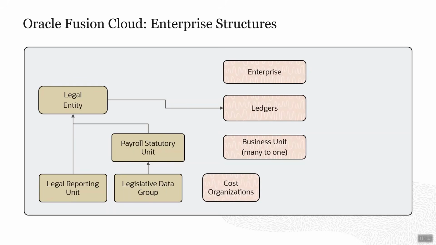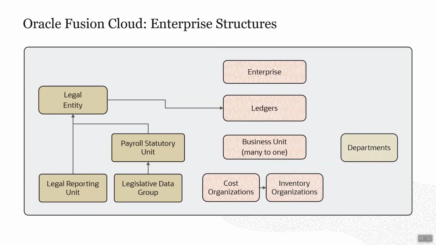Item and inventory orgs can be defined to model manufacturing, warehouses, and logistic hubs, and sub-inventories are used to record the quantities and reservations of stock. Cost organizations are used to drive the costing models. Every employee is associated with a legal entity and a business unit. A department has one or more workers assigned to it and can be associated with a cost center.